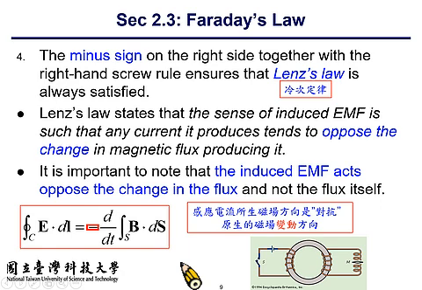So it's important to note that the induced EMF acts to oppose the change in the flux and not the flux itself. Okay, so to sum up, for Faraday's law to take effect, which means for you to observe an electric potential produced in this region, the first thing is the magnetic flux.